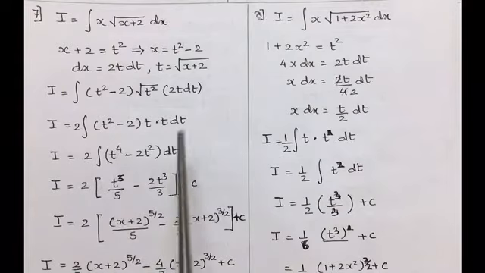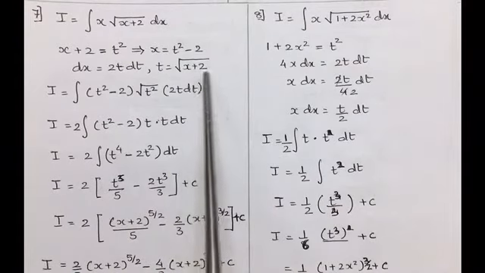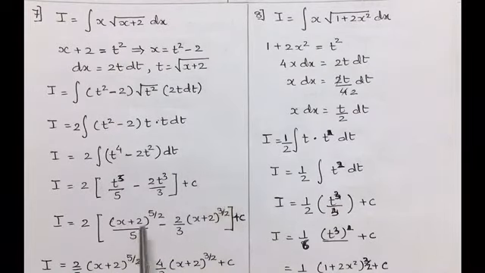As the value of t is x plus 2 raised to the power half, keeping it in the places, as the power is 5 here, it becomes 5 by 2. So 2 times x plus 2 raised to the power 5 by 2 divided by 5 minus 2 by 3 remains as it is, and in the place of t we get x plus 2 raised to the power 3 by 2 plus c.